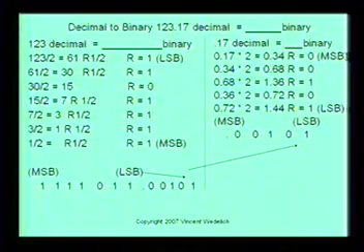Next problem is 123.17 decimal equals what binary? 123 divided by 2 equals 61 with a remainder 1/2, so again we have our remainder equals 1 here. 61 divided by 2 is 30, remainder 1. 30 divided by 2 is 15, remainder 0. 15 divided by 2 is 7, remainder 1/2, so you put a 1 there. 7 divided by 2 is 3, remainder 1/2, so you put a 1 here. 3 divided by 2 is 1, remainder 1/2, you put a 1 here.